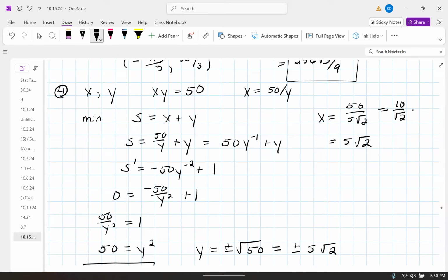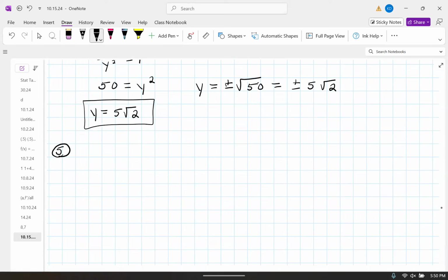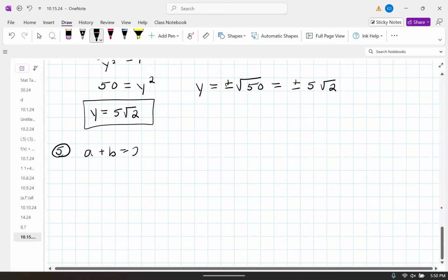All right, we have 2 more on the sheet. We want to have 2 non-negative real numbers, A and B, whose sum is 23. We want to maximize and minimize A squared plus B squared, where A plus B equals 23.